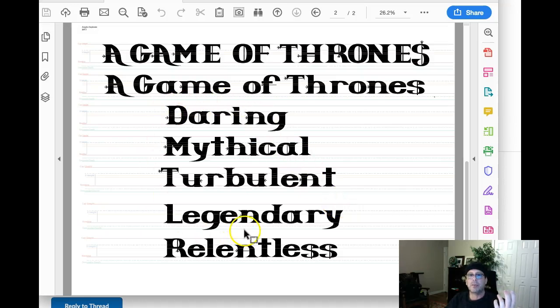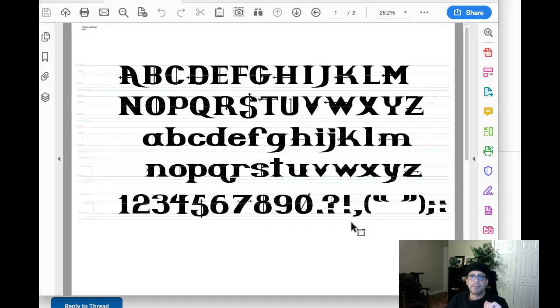Give us keywords that start with capital letters, give us all cap keywords, give us all lowercase keywords, give us type examples that have letters and punctuation in them, and really think about moving to a situation where you're showing a number of different iterations and variations of letter combinations.